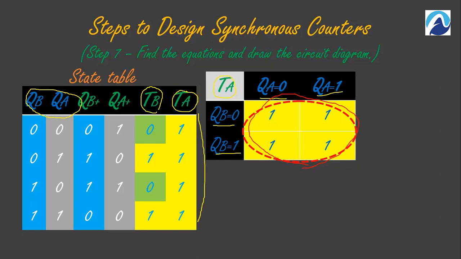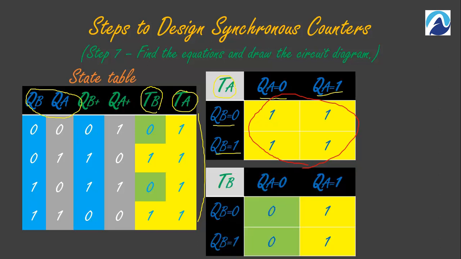If this quad is possible, I can say the value of TA is always equal to 1. For the second variable TB, I'm going to fill this second column, which is 0, 1, 0, 1, 0, 1, 0, 1. And if we make the grouping here, one pair is possible.